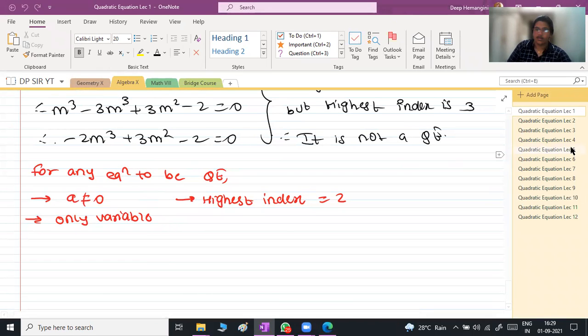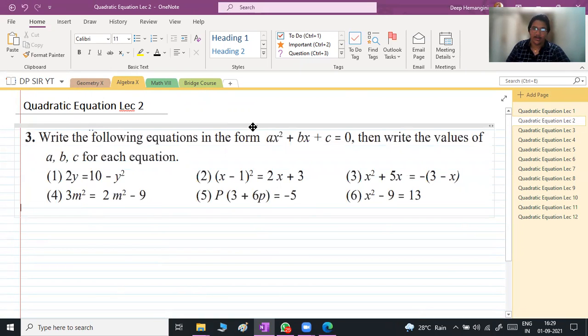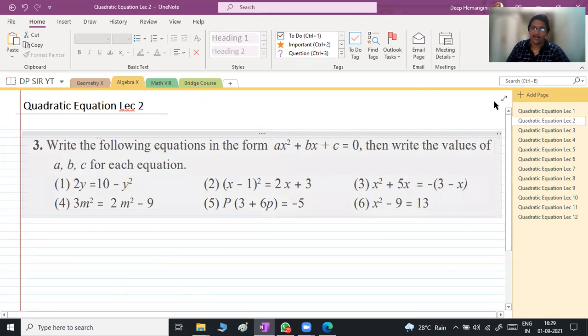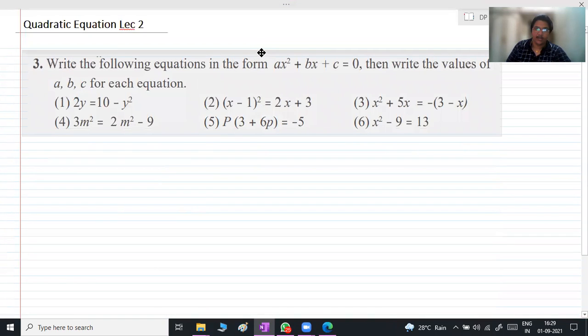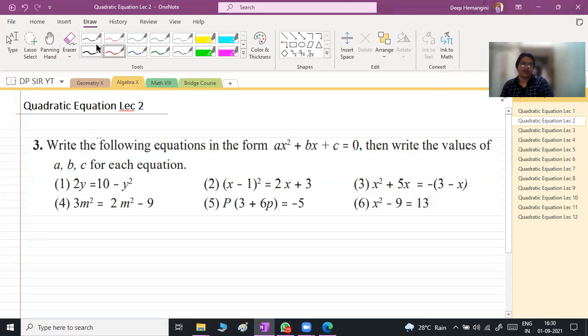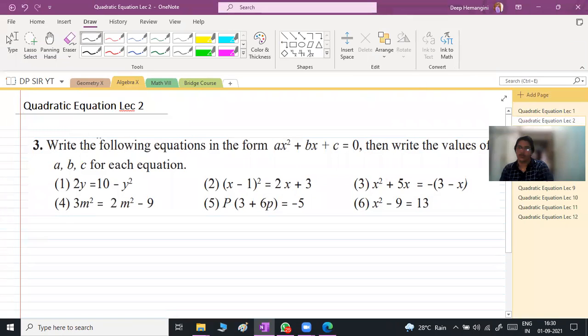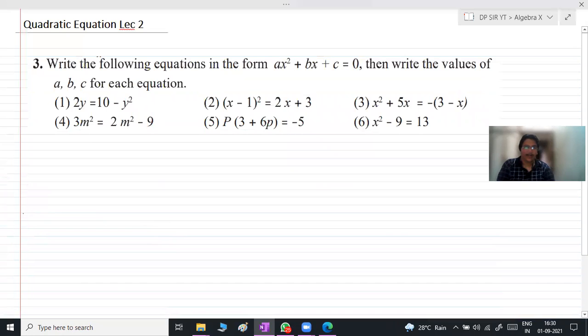Let's start with the lecture 2 page. Let me do full screen and we'll begin. So this is going to be very easy. Let me select the black pen.